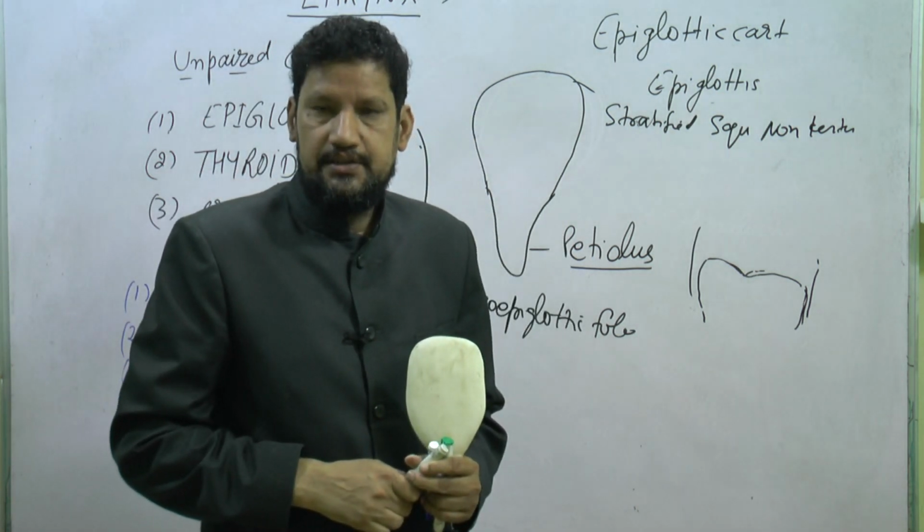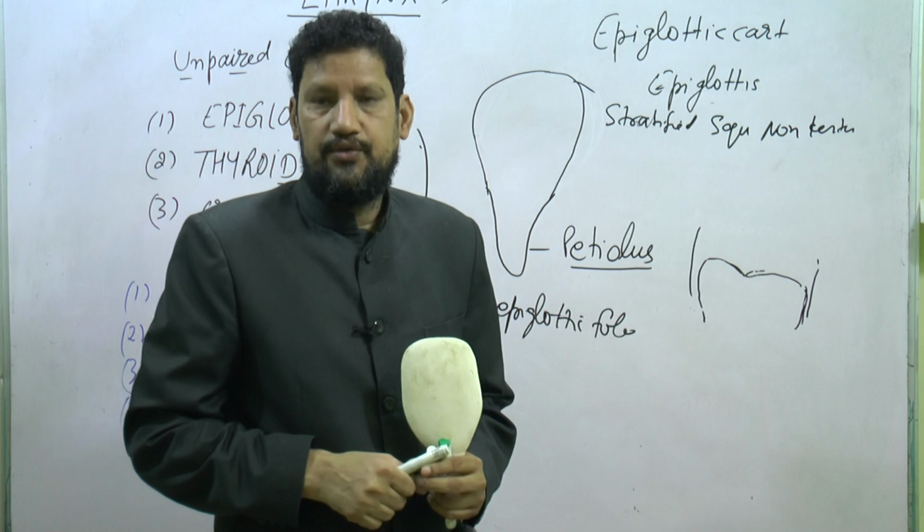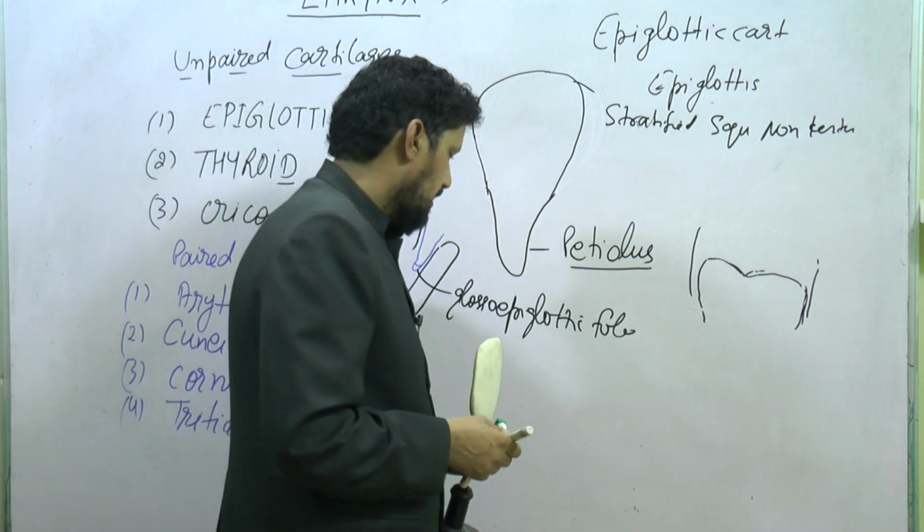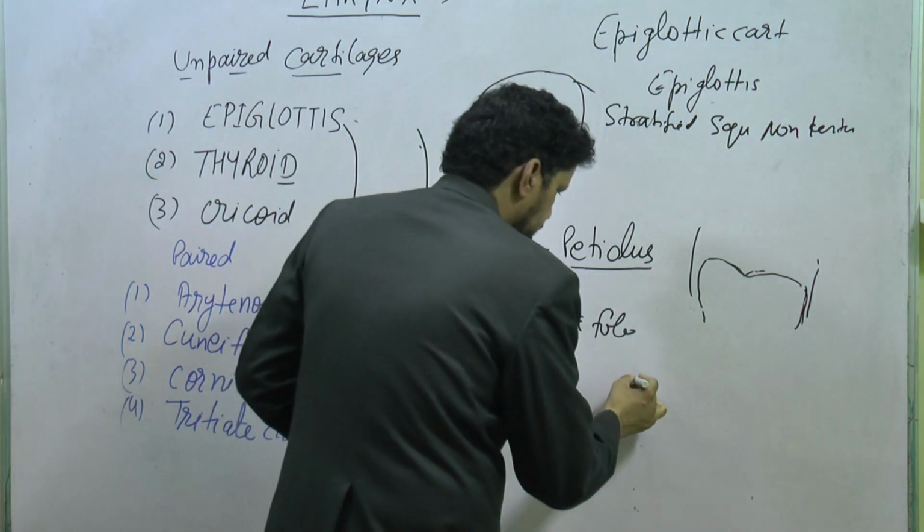The two depressions on two sides of the median glossoepiglottic fold are known as vallecula.